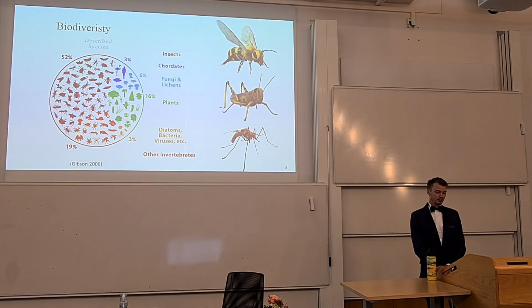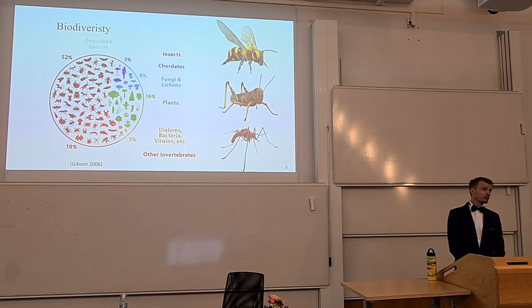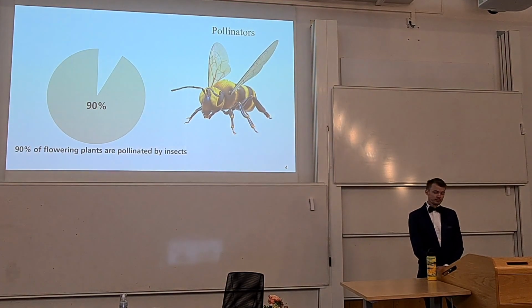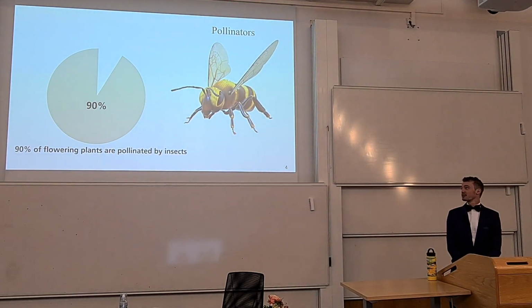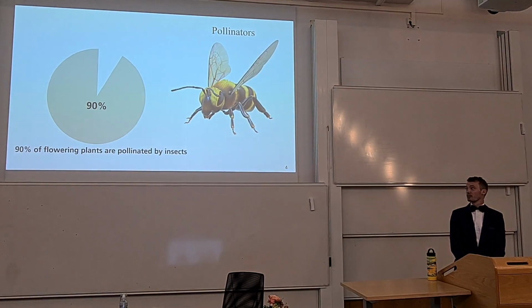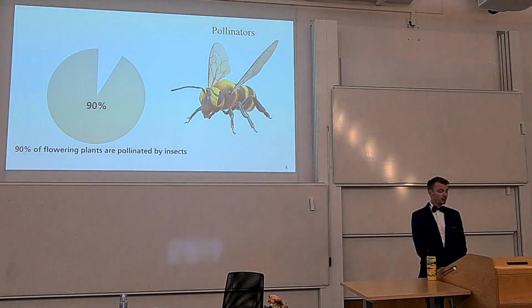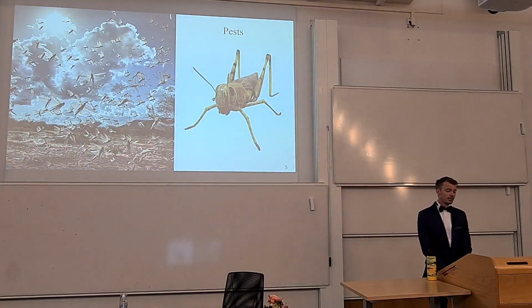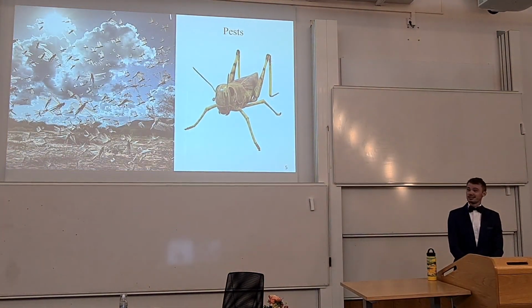It's quite incredible. And from a human perspective, we can divide insects into different groups. Insects can serve as pollinators, and in fact, insects pollinate around 90% of all flowering plants. Again, quite incredible. On the other hand, there are other insects that are not as helpful to us.